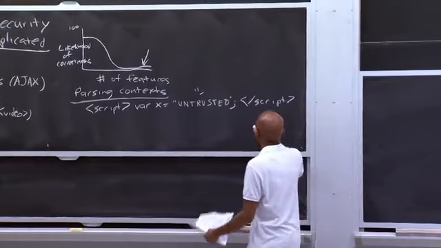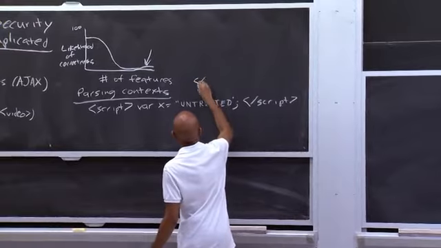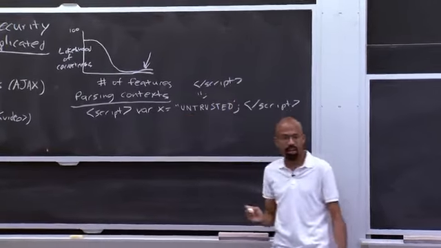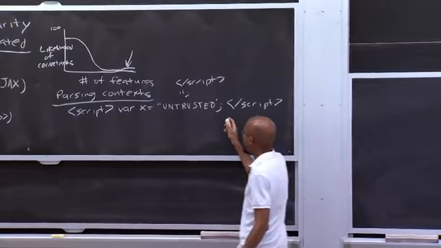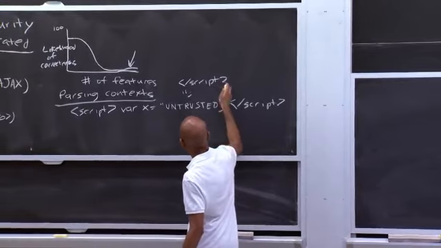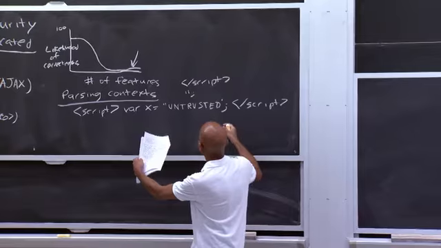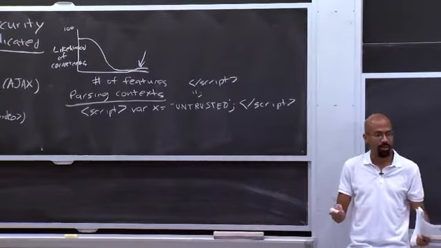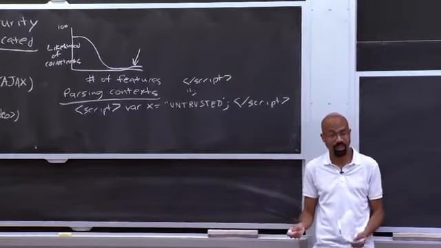Alternatively, the attacker could just put a closing script tag here, right? And then at that point, the attacker can sort of get out of the JavaScript context, right, and then get into the HTML context, maybe define some new HTML nodes or something like that, right?